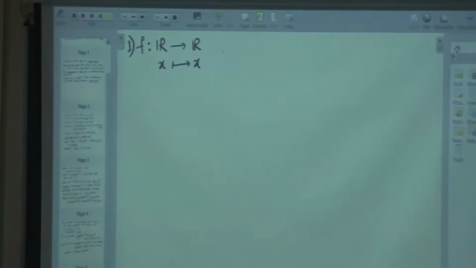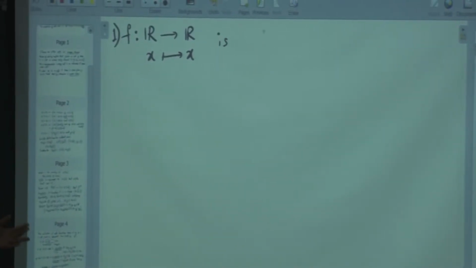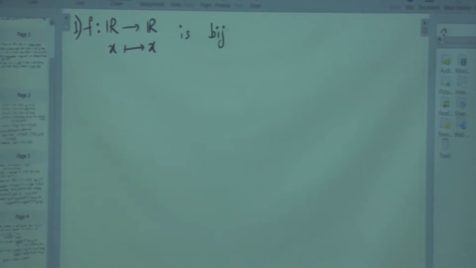Okay. So f from R to R, which is given by the rule that x maps to x, is injective, surjective, everything. This is identity. Real numbers also don't matter, it is bijective. Okay, second example. Something which is injective but not surjective.